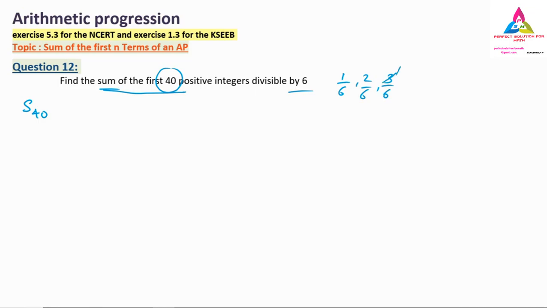You can tell that 3 ones are 3, 3 twos are 6, but it is not complete because it is 1 and a half, 1 by 2, so we can't do that. The next, 4 by 6, is not completely divisible. 5 by 6 also not completely divisible. 6 by 6, whether it is completely divisible, yes, 6 ones are 6. So the first number divisible by 6 is nothing but 6. Okay, so like this way, this is S40 we have to find.